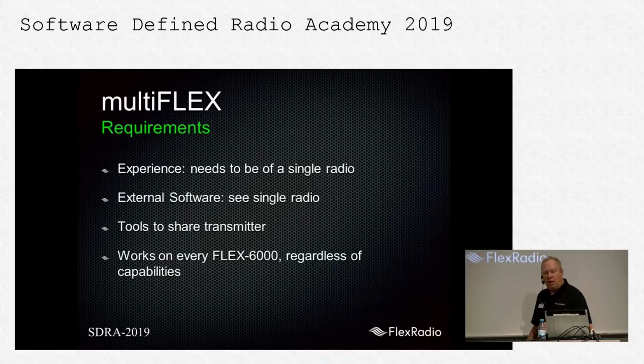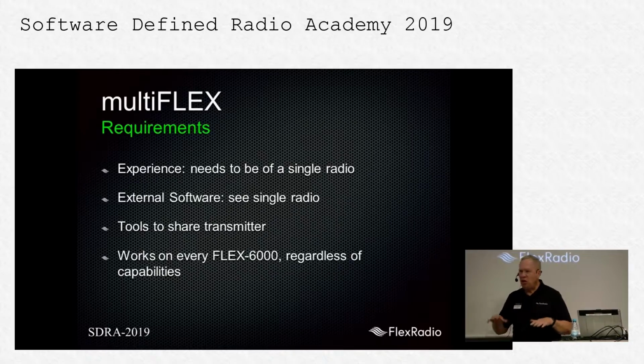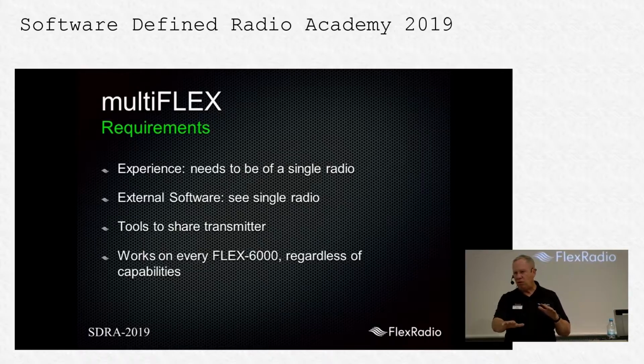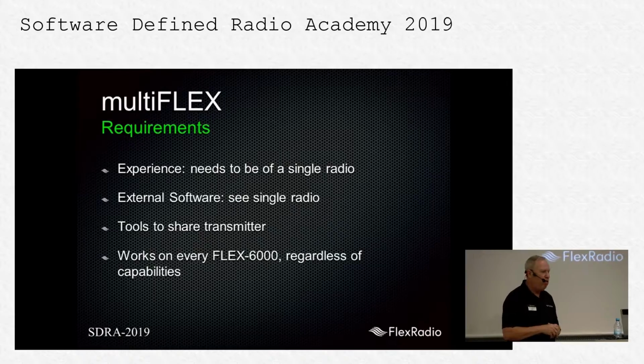So we are trying to solve the problem where you can have 2 operators use the same physical radio at the same time with 2 independent stations, 2 independent radios that they see, but there's only 1 physical radio. That's what we're trying to solve, and I'll show you how that is done.